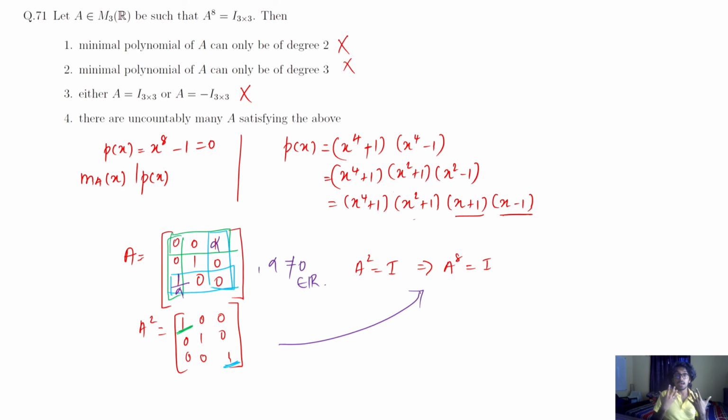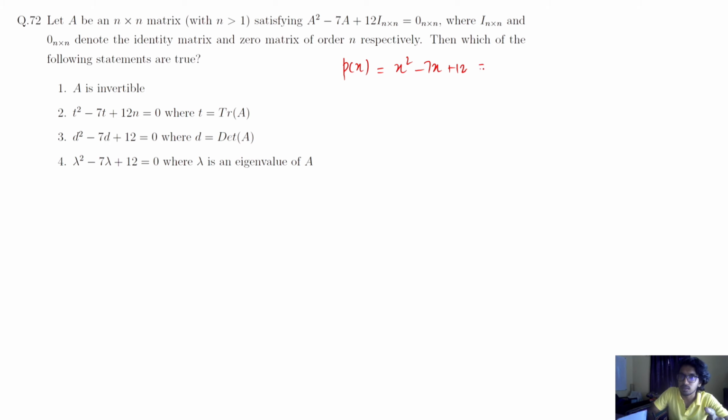Here we have a polynomial, x square minus 7x plus 12, and the given matrix A is annihilated by this polynomial. This can be factored into x minus 3 times x minus 4, which you can very well do.